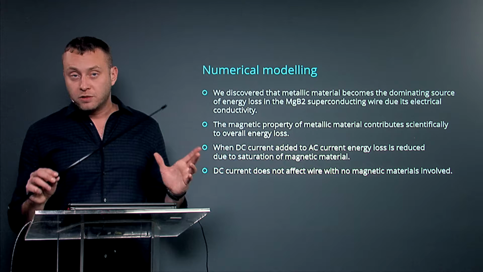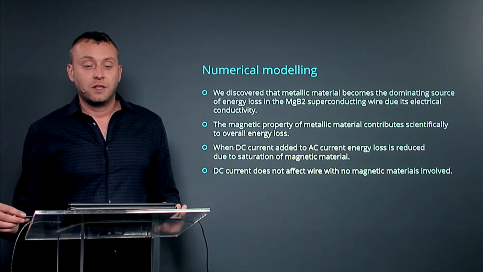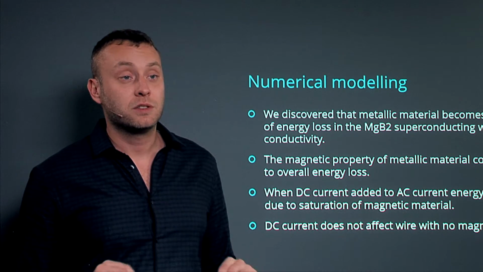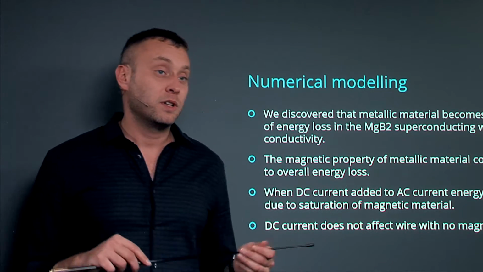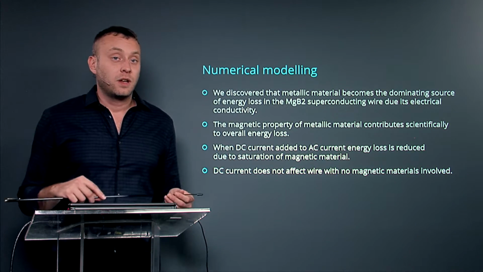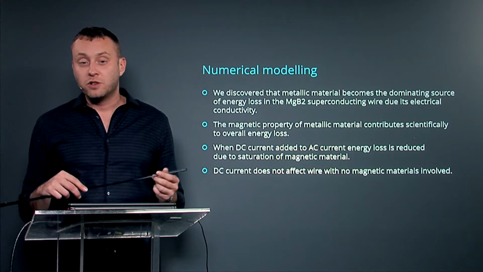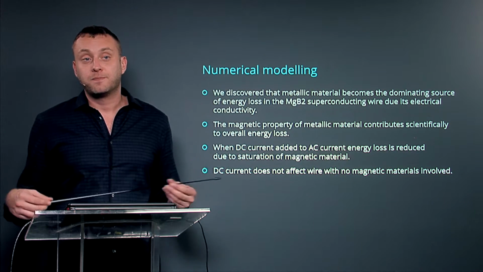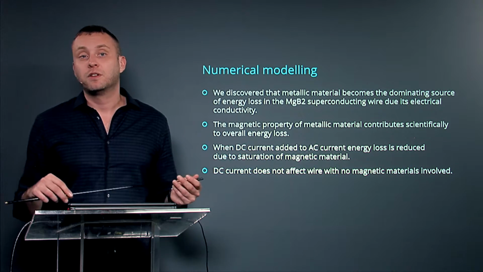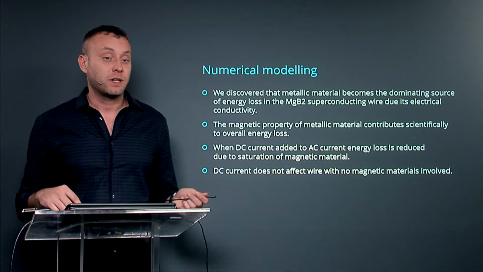The applicational benefits of this are that we cannot use magnetic materials for applications where alternating current occurs, only for DC applications, and some additional optimization is required to achieve minimum energy loss for high frequency power applications.